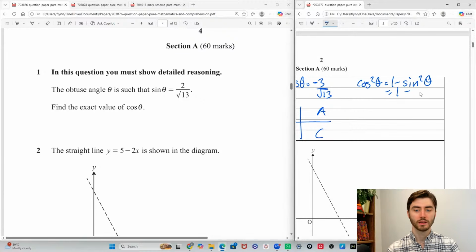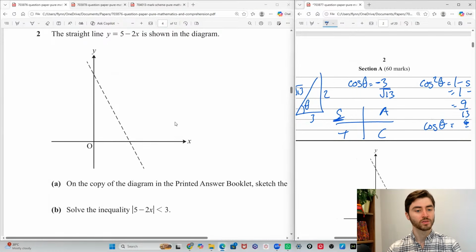So it's 1 minus 4 over 13, which is 9 over 13. So cos theta would be plus or minus 3 over root 13. And in this case, you choose the negative for the same reason, that the cosine will be negative in that region. And why not? Let's rationalize, just to show all of our skill. Okay.